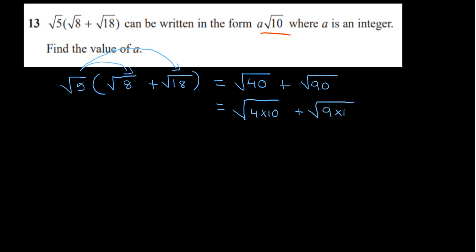And I can say, hang on, square root of 4 is 2, right? So I can write it as 2 root 10. And square root of 9 is 3. So I can write this as 3 root 10. And I can add these two surds to give me 5 root 10. So the value of a is 5.